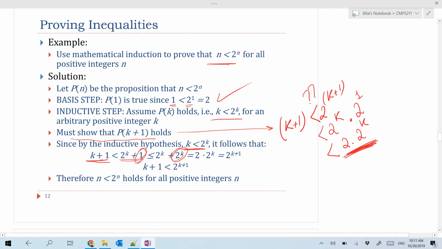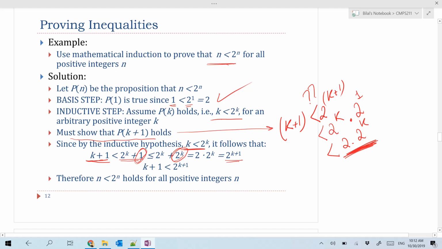So it's completely legal to make this step and to say that finally k plus 1 is strictly less than this bigger value. And this finally gives us 2 times 2 to the power k, which would lead us to 2 to the power k plus 1.